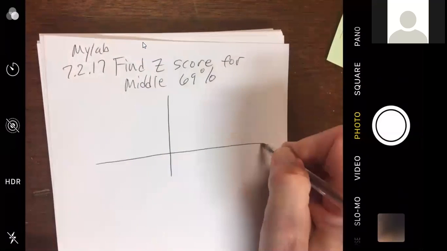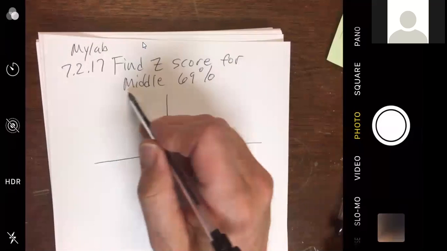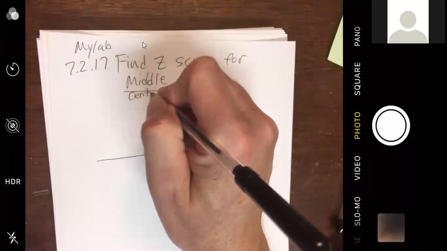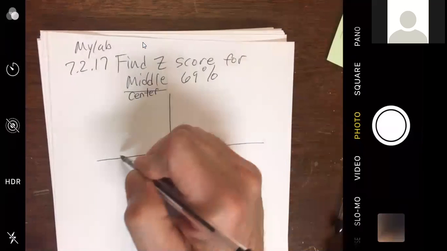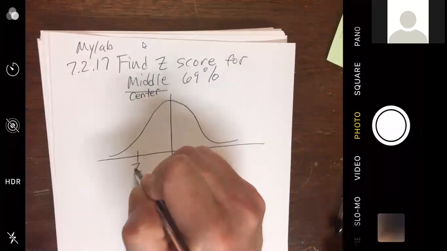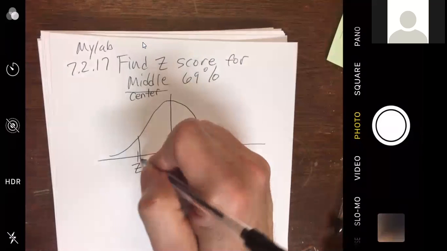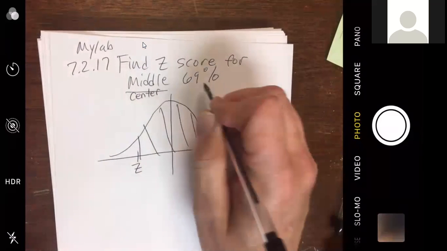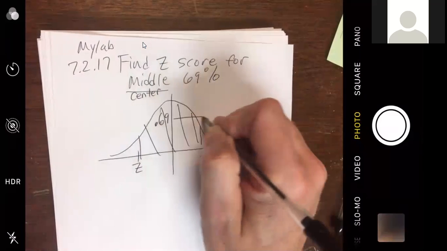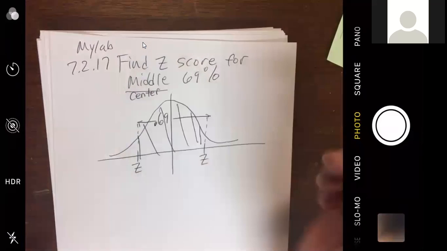All right. So this is not left or right. It's in the middle. Sometimes you'll see the word center used. This means there is a start Z and a stop Z, where you have this percentage in the middle. It runs to right here, and it runs to right here.